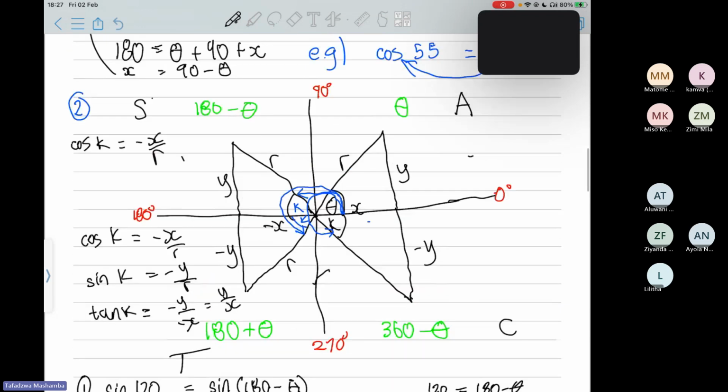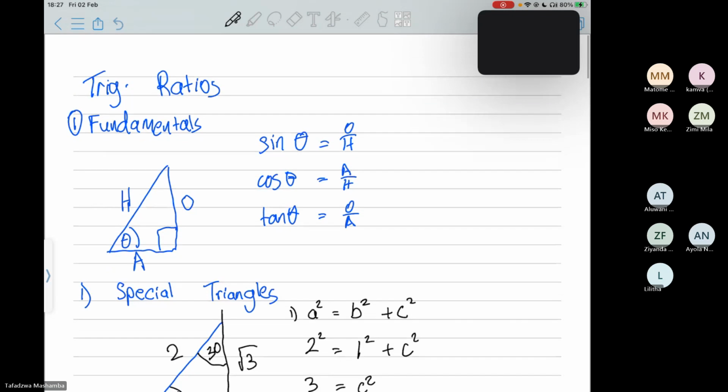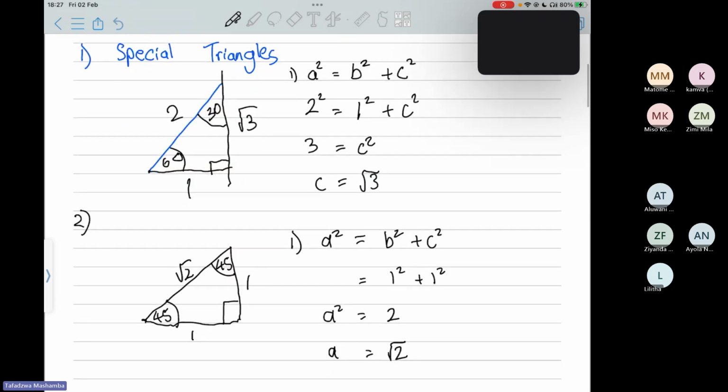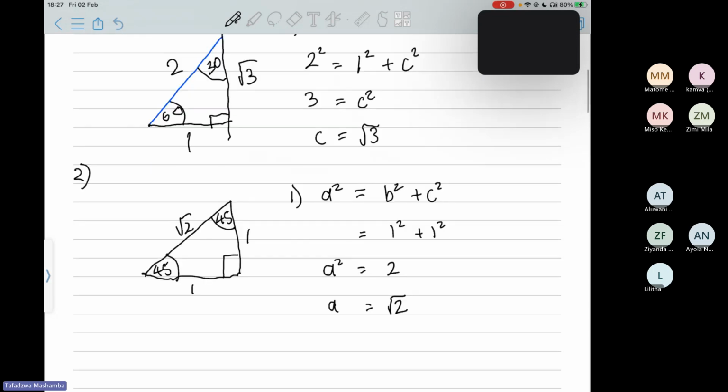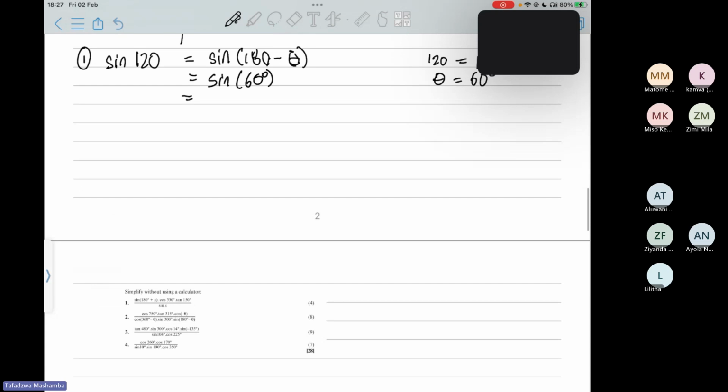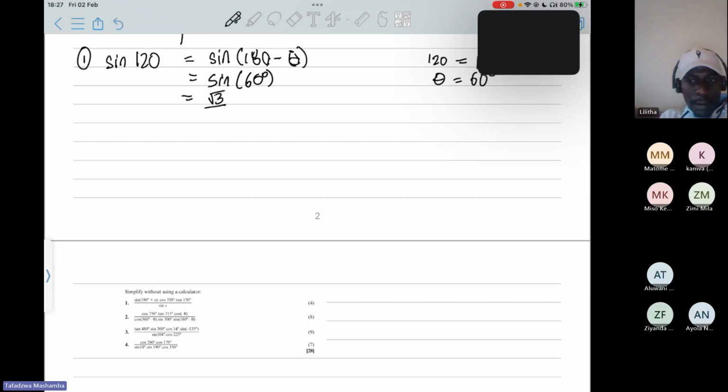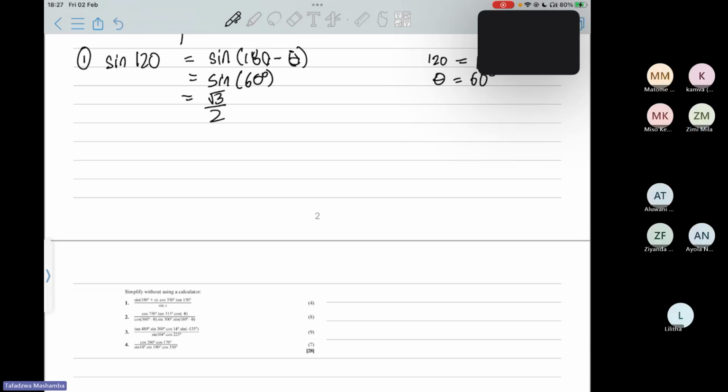If we go down here, you'll see on the special triangles, I have a 60, 30 triangle. This is the triangle that I'm dealing with. And remember, if you know the ins and outs of this triangle, immediately when you see sine 60, you know this one is opposite over hypotenuse, square root of 3 over 2. The more practice you have in understanding this triangle, when you see something like this, immediately in your head it should just come across. So you know that this is just going to be square root of 3 over 2. And there you have it, you solved it without using a calculator.